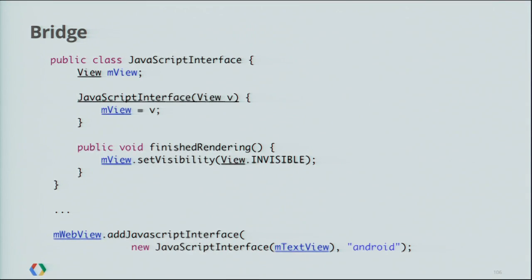The simple test case is an application with a WebView, where I'm loading content and want to show some text before the content is displayed, saying the content is loading. When the content has been loaded, you can remove the text. That's what the finishRendering method does: it sets the visibility of that text view to invisible. So we just create an instance of that and add it to the WebView, calling it Android.